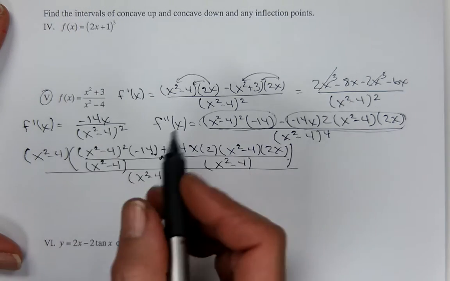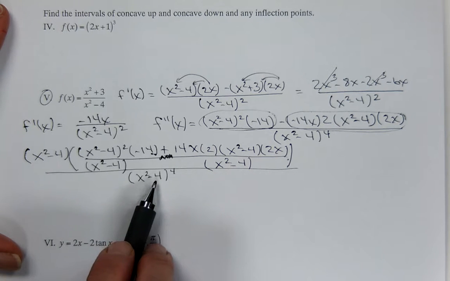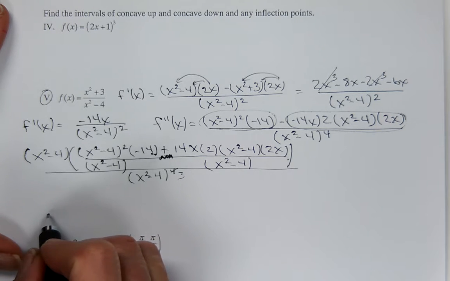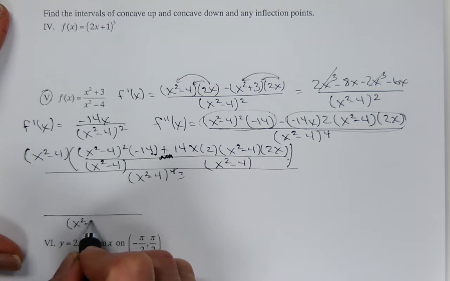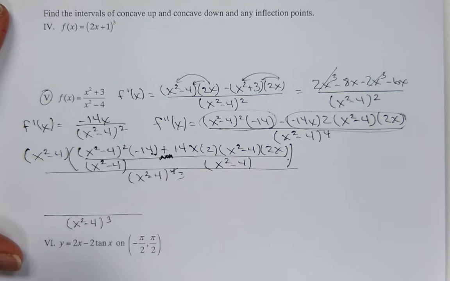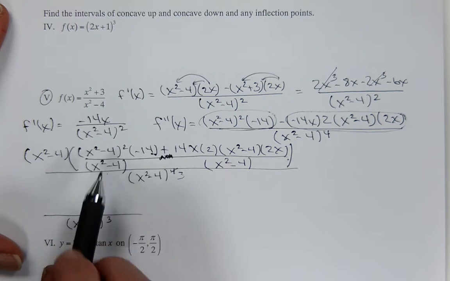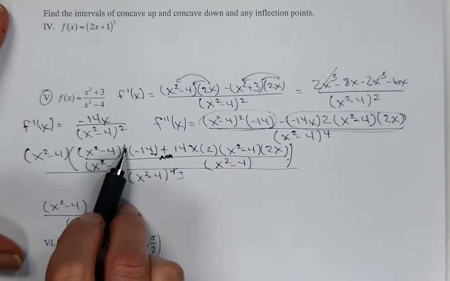So this is going to give me, well, let's see, the x squared minus 4 is here and here, they cancel. So now this will be to the third power, and I don't have to write that other one. So my denominator is x squared minus 4 cubed. And my numerator, when I reduce these, I'm going to have x squared minus 4 to the 1 power, you subtract the exponents.